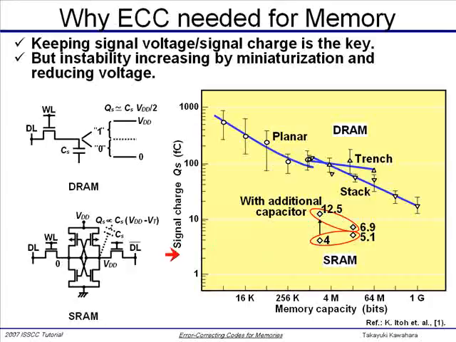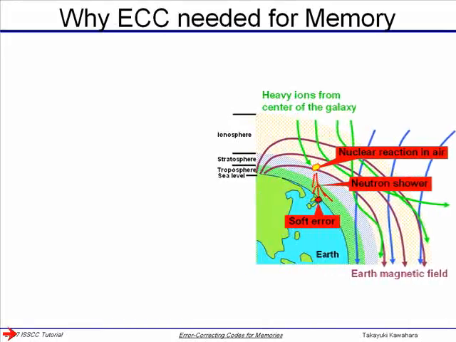In addition, currently memory is so small that we have soft errors caused by neutrons. The neutron comes from the galaxy, reacts in the air, and the neutrons are showered onto the Earth.